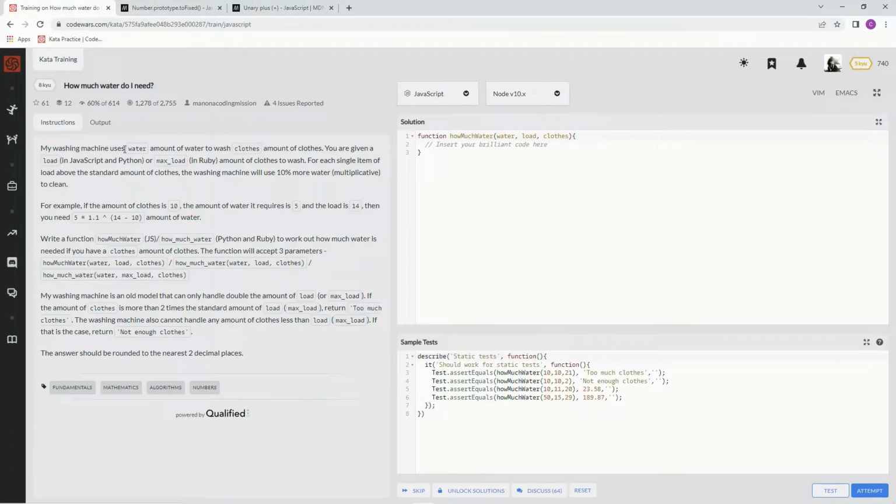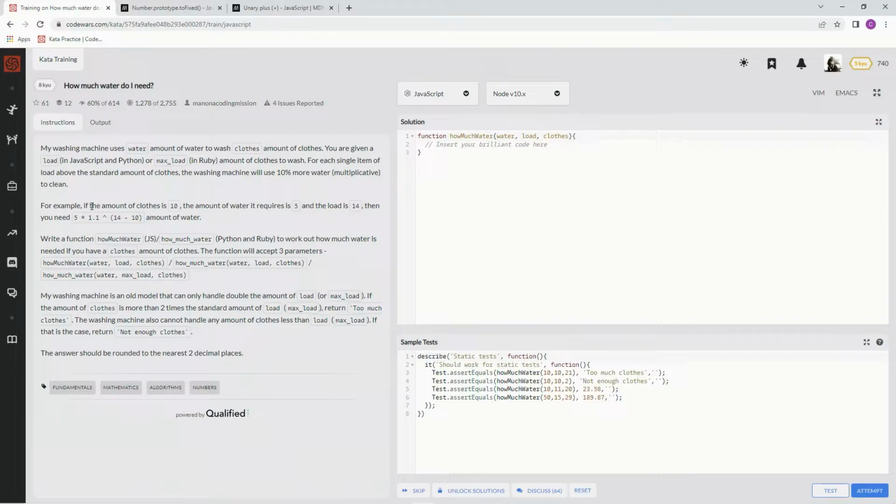My washing machine uses an amount of water to wash an amount of clothes. We are given a load in JavaScript and Python, or max load, the amount of clothes to wash. For each single item of load above the standard amount of clothes, the washing machine will use 10% more water, multiplicative to clean.